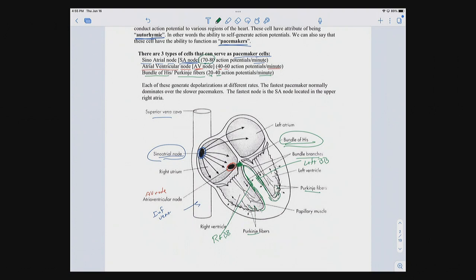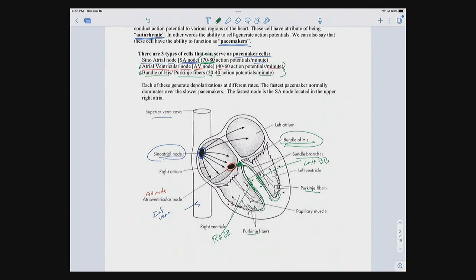The generation of those action potentials will suppress the pacemaking ability of the AV node, bundle of His, and Purkinje fibers because the SA node is the fastest pacing. So what that means is that these cells right here are not going to be generating action potentials; they're suppressed by the SA node.